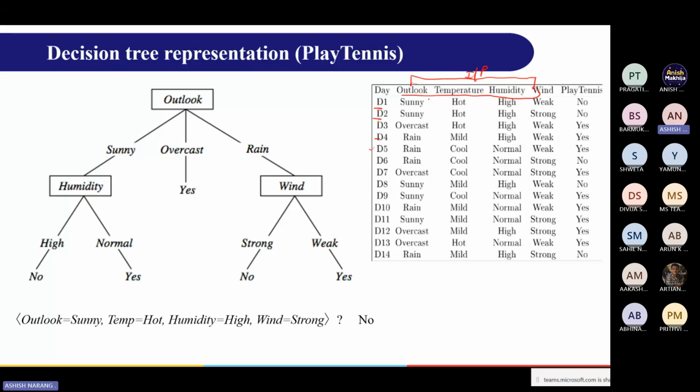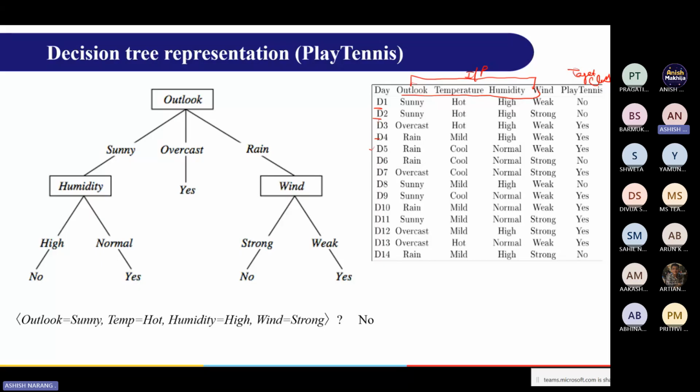One is outlook, another is temperature, third is humidity, fourth is wind, and then this is my target class, play tennis, whether I went for playing tennis or not. I would call it this because this is historical data, using which I am going to create a decision tree, and basis that I'm going to take a call for the unseen records.